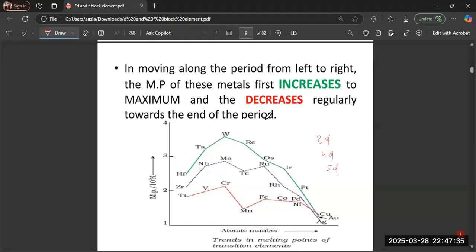See the trend over here. The melting point first increases to the maximum and decreases regularly towards the end of the period.